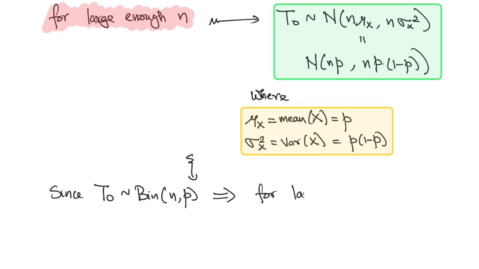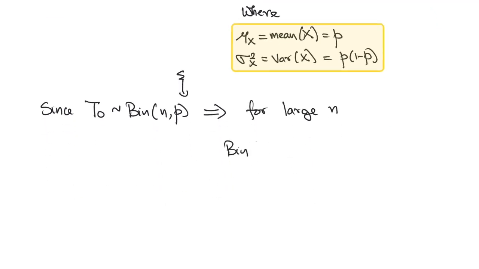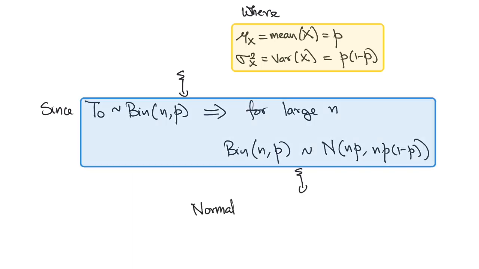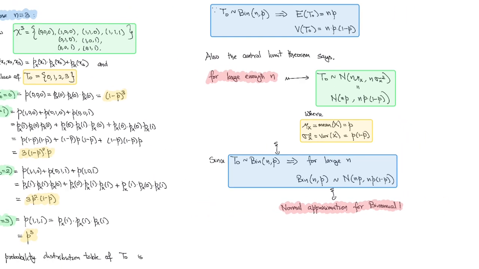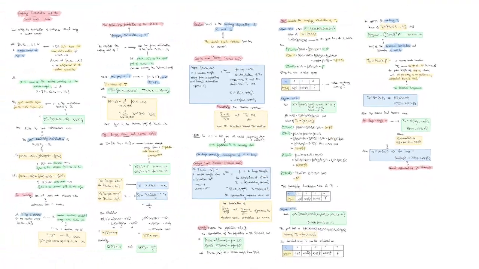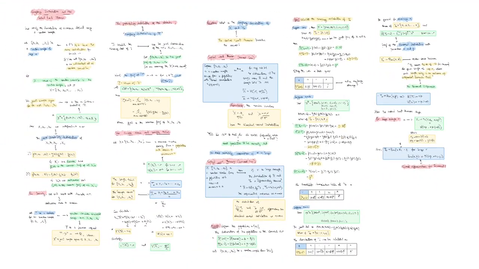To summarize, the sample total has the binomial distribution with parameters n and p, which implies that for large n, the binomial distribution can be approximated by the normal distribution with parameters n times p and n times p times (1 minus p).